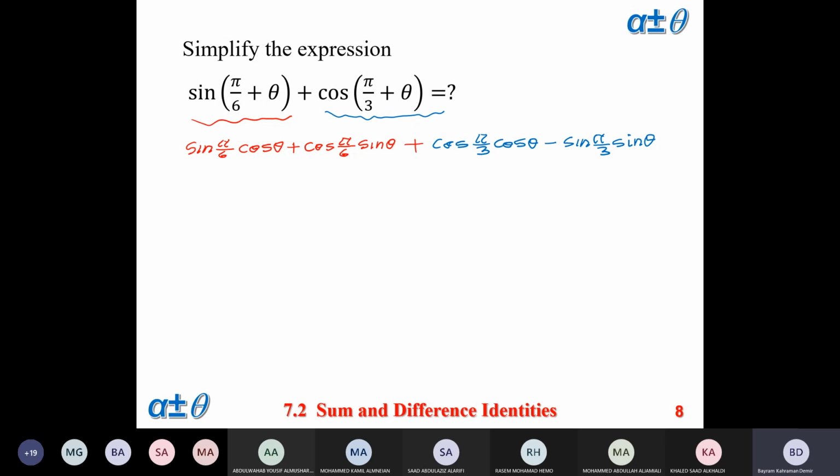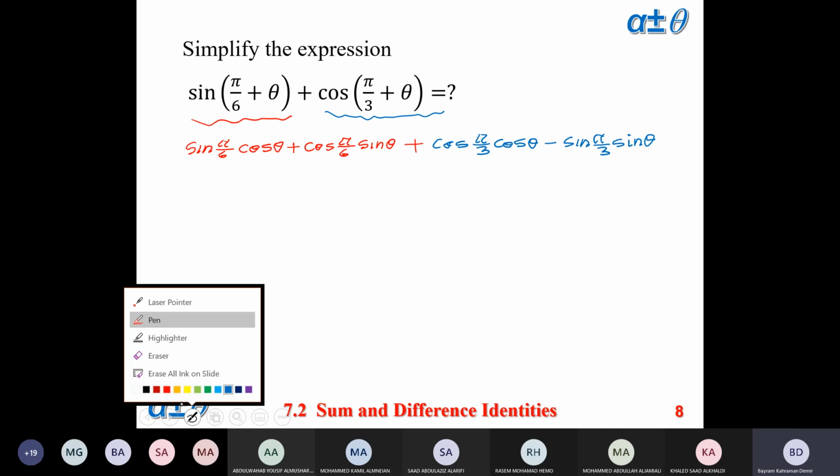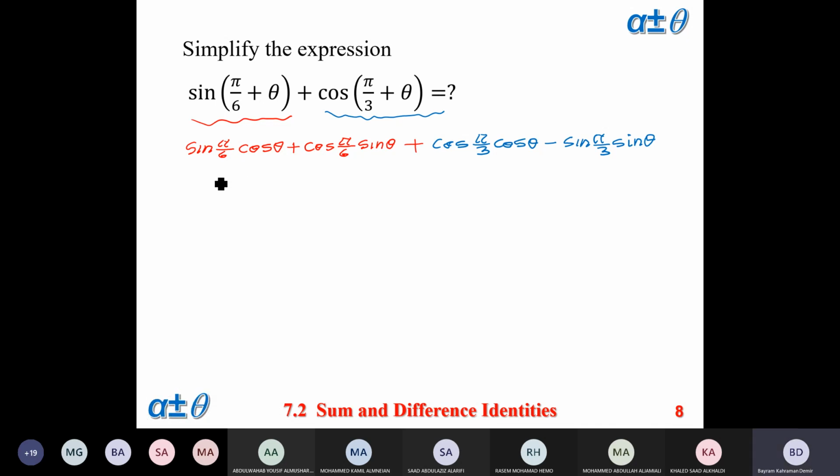Okay, let's see. So do we know sine of pi over 6, Shabab? 1 over 2, right?